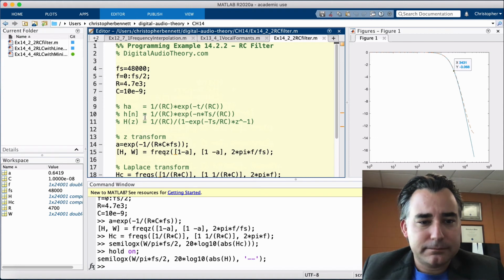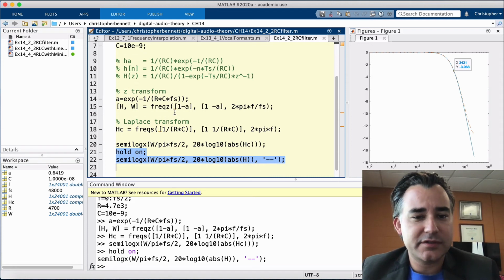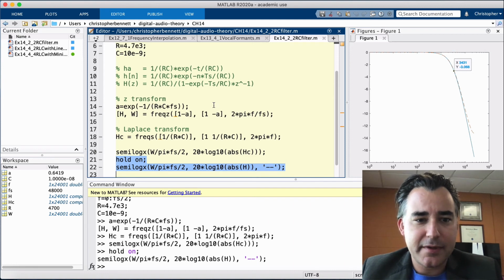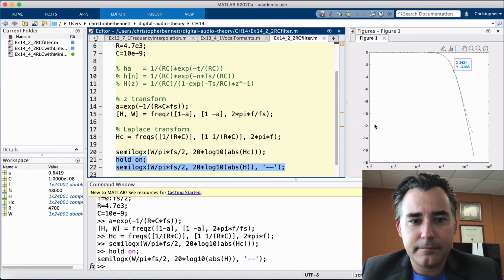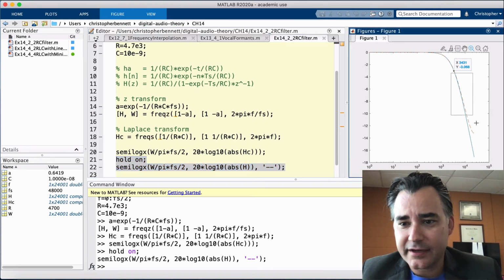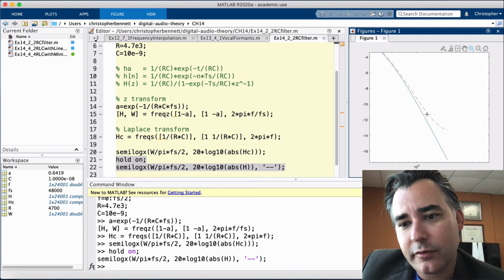Now, we have no way of filtering this continuous analog prototype. So when we do the impulse invariance method, we actually are going to get some aliasing, and we see that here, where the digital model deviates from the analog prototype.